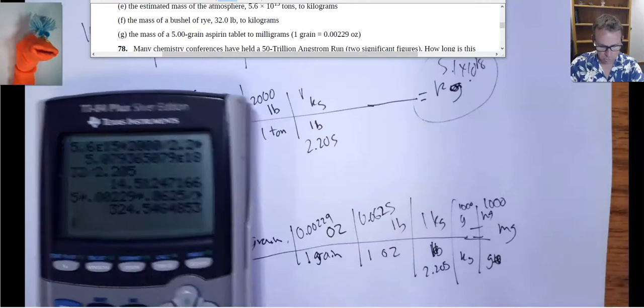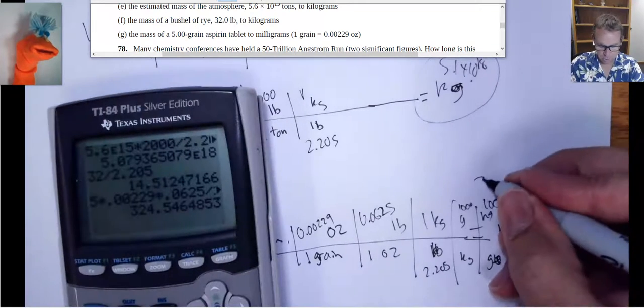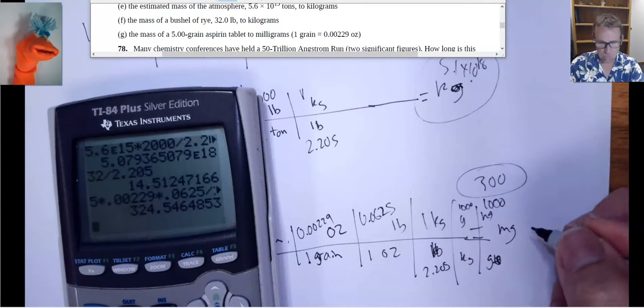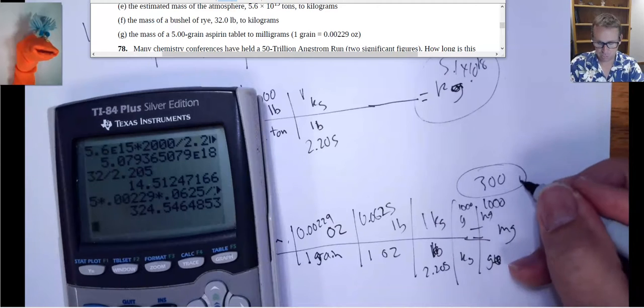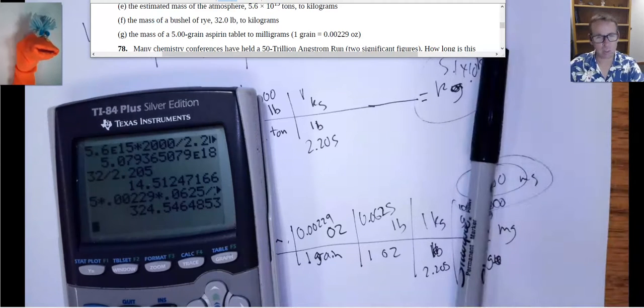All right, so it should be one significant figure, 300 milligrams. 300 milligram tablet. Great.